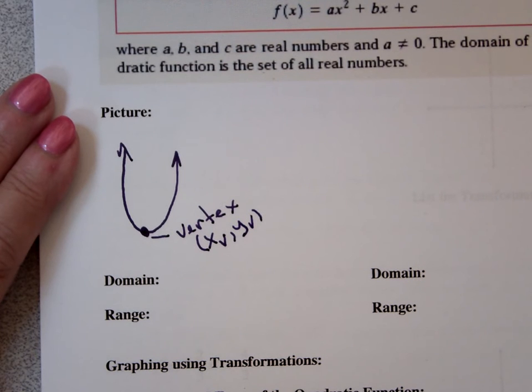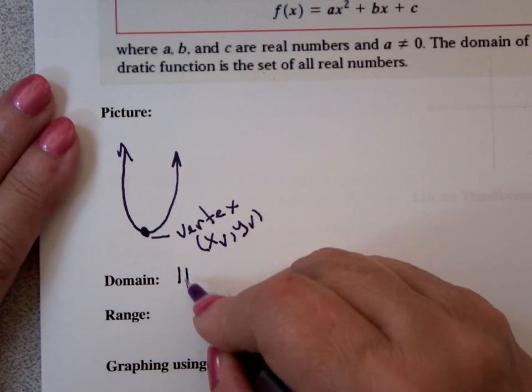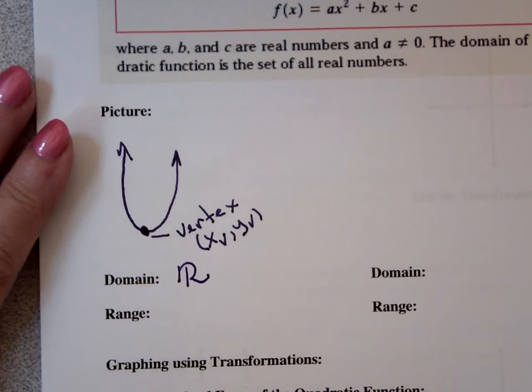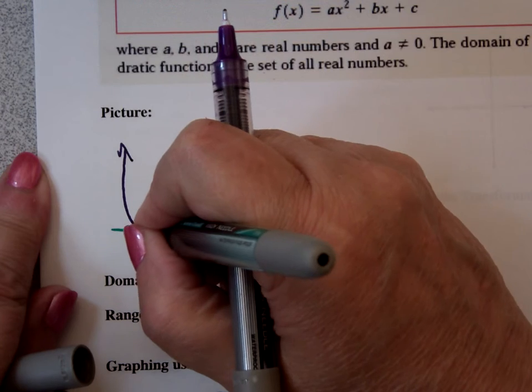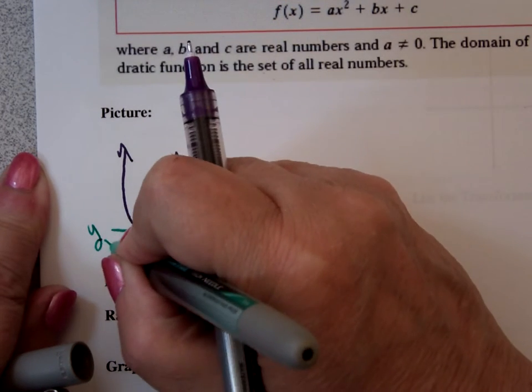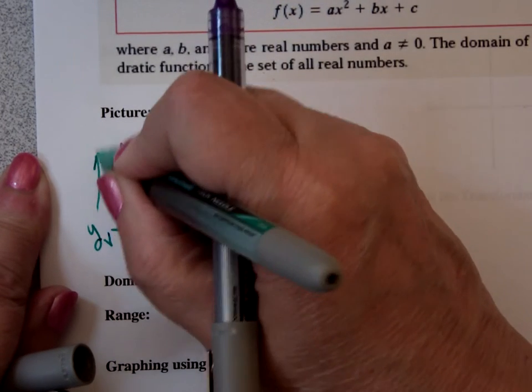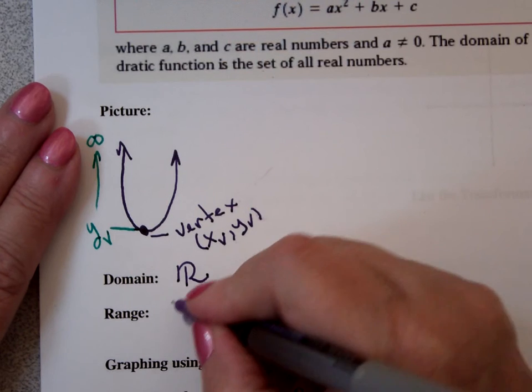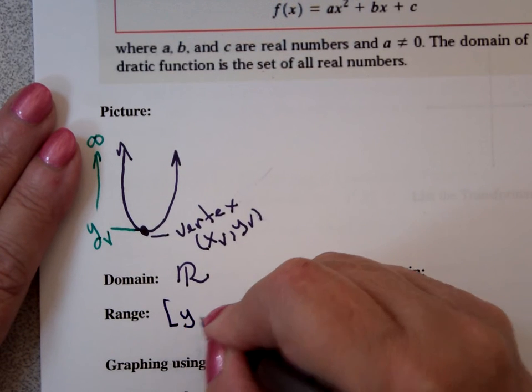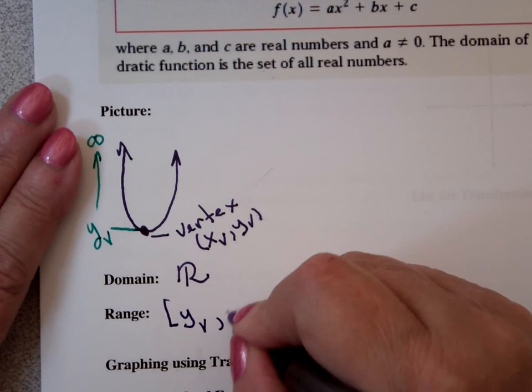That's the coordinate point of the vertex. We know that the domain is all real numbers. And if you look at the range, it's going to start at the y coordinate of the vertex and go on forever. So it's the y coordinate of the vertex to infinity. I'm just going to put it in interval notation.